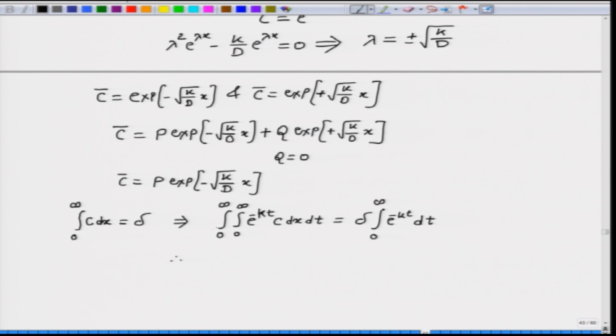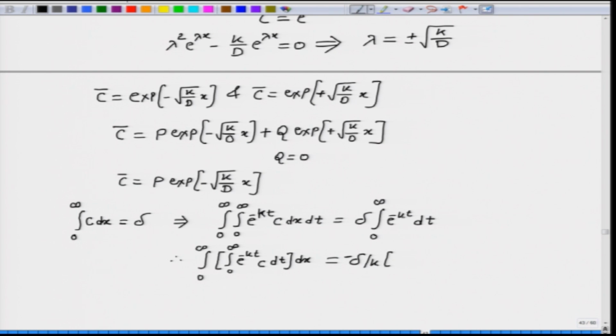And if we change the order of integration on the left hand side, we have integral 0 to infinity, integral 0 to infinity e to power minus k t times c dt dx is equal to integral of e to power minus k t, which is minus 1 by k e to power minus k t. So, minus delta by k.